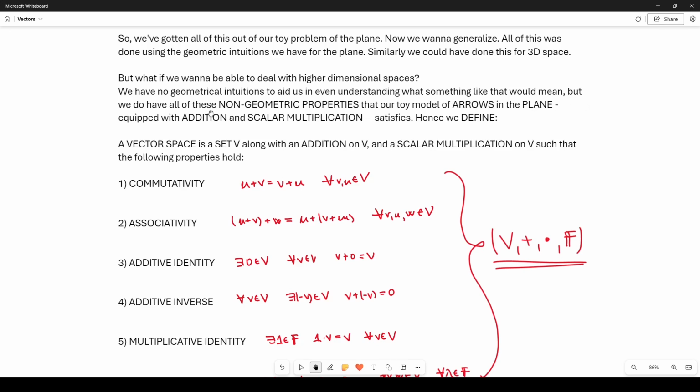But we do have all these non-geometric properties that our toy model of arrows in the plane, equipped with addition and scalar multiplication, satisfies. Hence, we define a vector space as a set V along with an addition on V and a scalar multiplication on V such that the following properties hold.